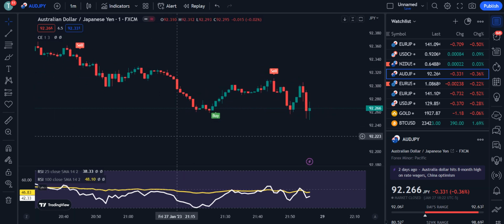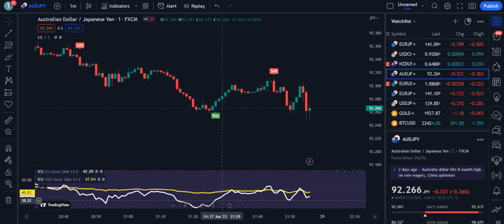Now we will see when to take the buy position and when to take the sell position. First of all, I will tell you when to take the long position. We have to see this buy label in the Chandelier Exit indicator. This will give us a buy signal. We have to wait for this. The second thing that we have to see is the green color candles should appear above.